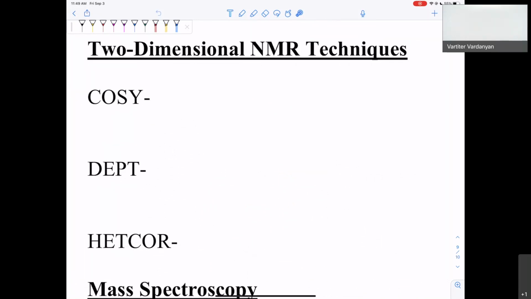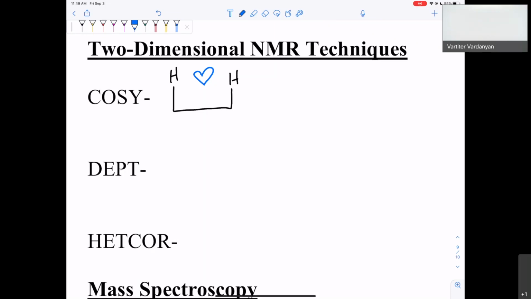What you have to know about COSY is it's going to tell you more information about adjacent hydrogens, hydrogens that are next to each other. Since they're next to each other, they're nice and cozy. They're on adjacent carbons, and they're so close and cozy with one another, so that's why COSY is used.